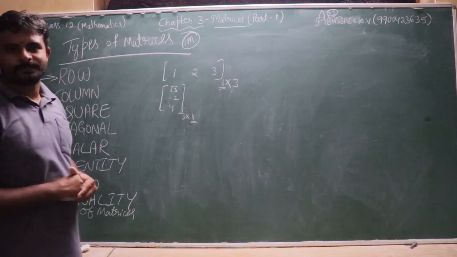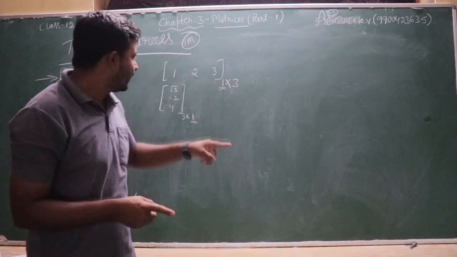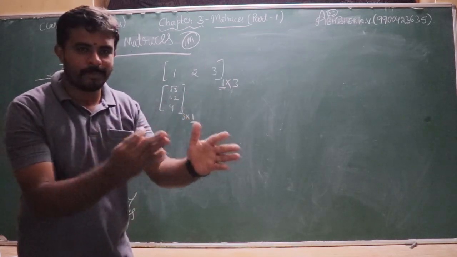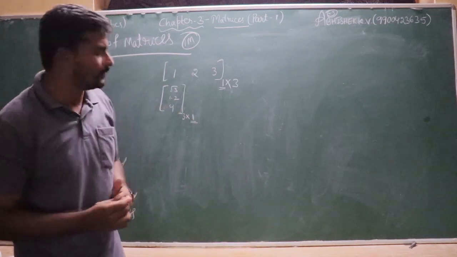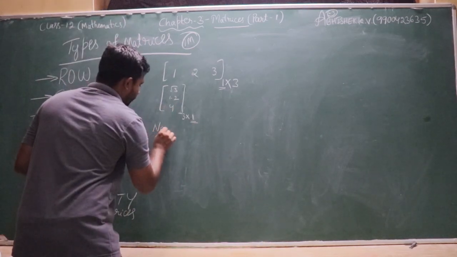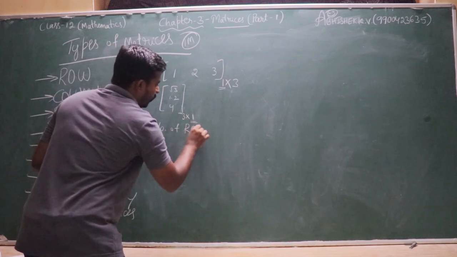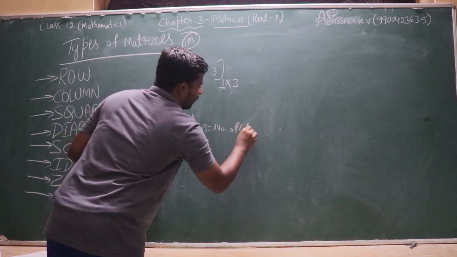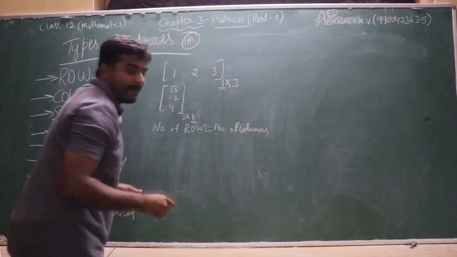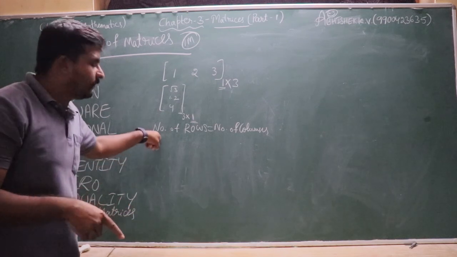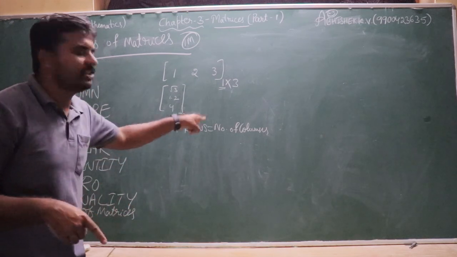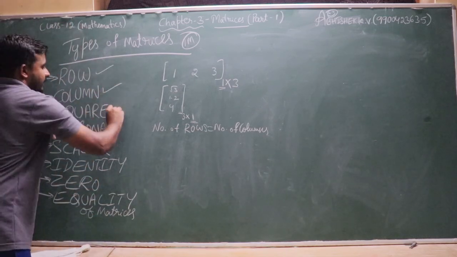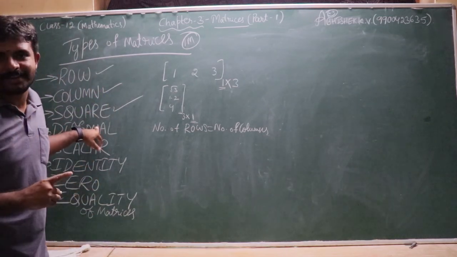Then square matrix. If the matrix has the same number of rows and columns, that is, number of rows is equal to number of columns, then that matrix is nothing but a square matrix.